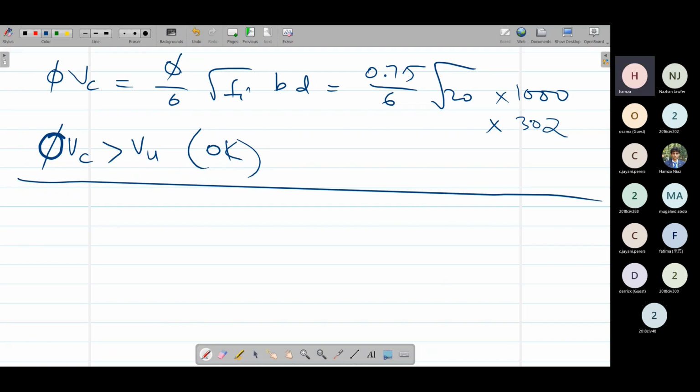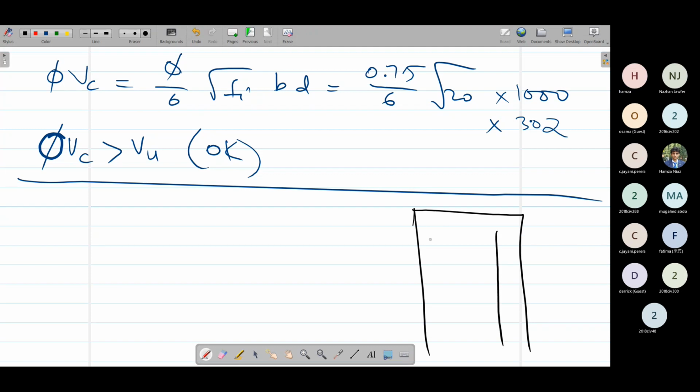So afterwards, we have to design the steel. For the retaining wall stem portion, we have vertical steel and horizontal steel. These black dots are horizontal and these lines are vertical.